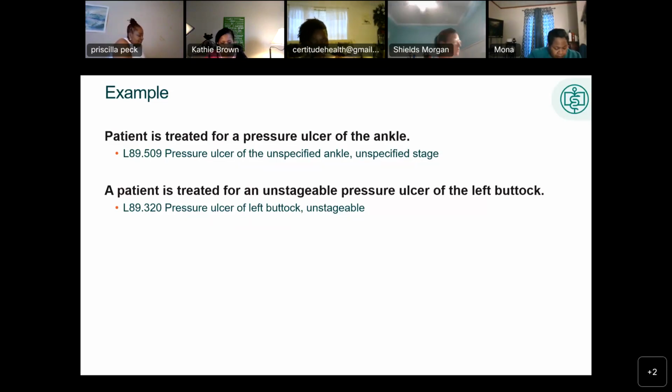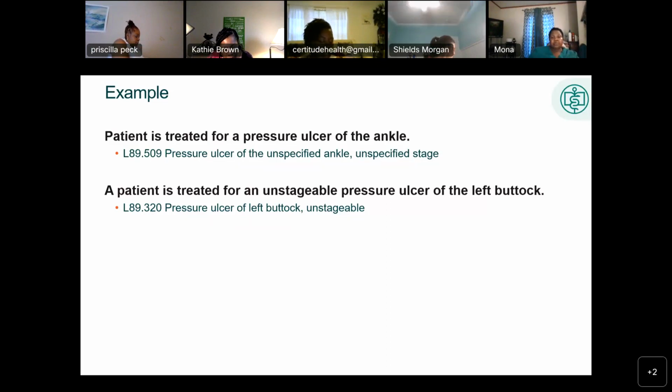What page is that? 348. Okay. All right, got it. Looking for unstageable, page 348, ulcer.